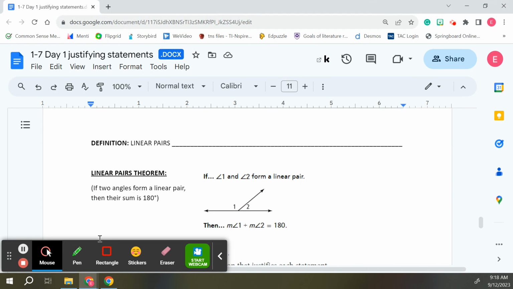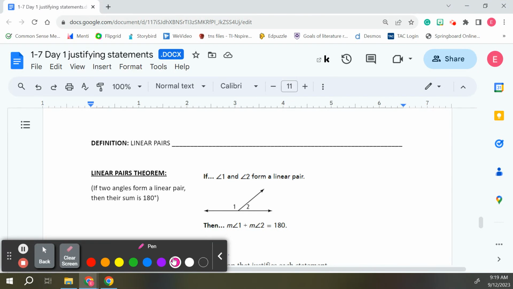All right, so let's talk about linear pairs. Now remember, there is a difference between a definition and a theorem. Vertical angles have a definition as to how they are formed, but then there's a theorem that shows that they're congruent. Linear pairs have a definition and a theorem too. All right.